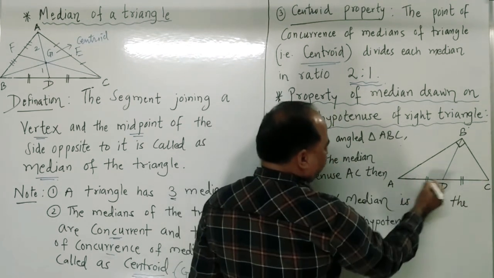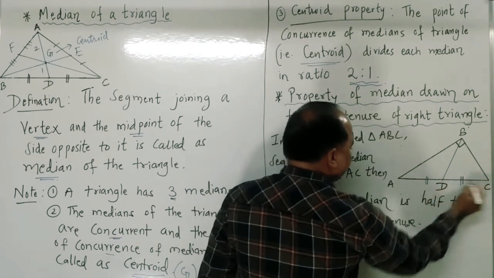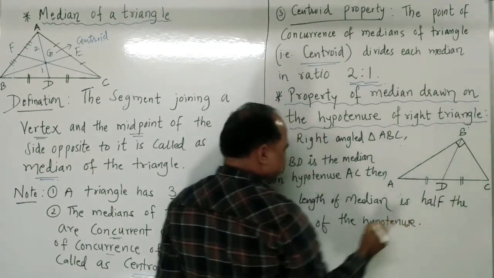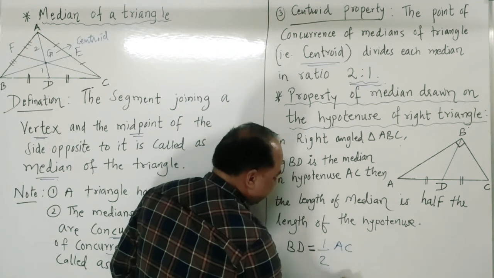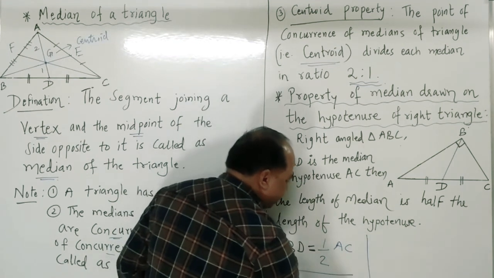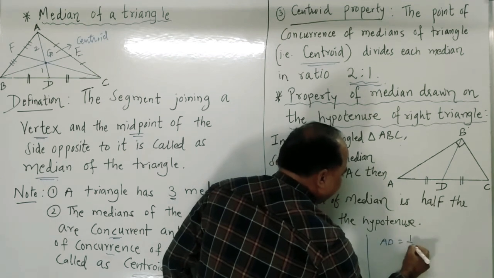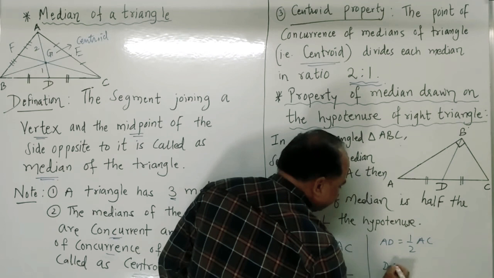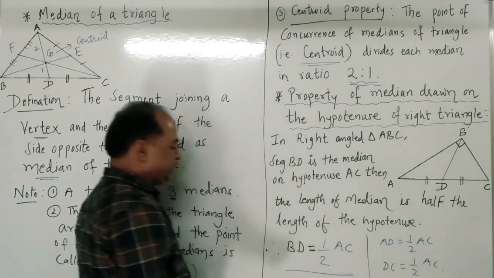Here D is the midpoint, so AD is also 1/2 AC, and DC is also 1/2 AC.